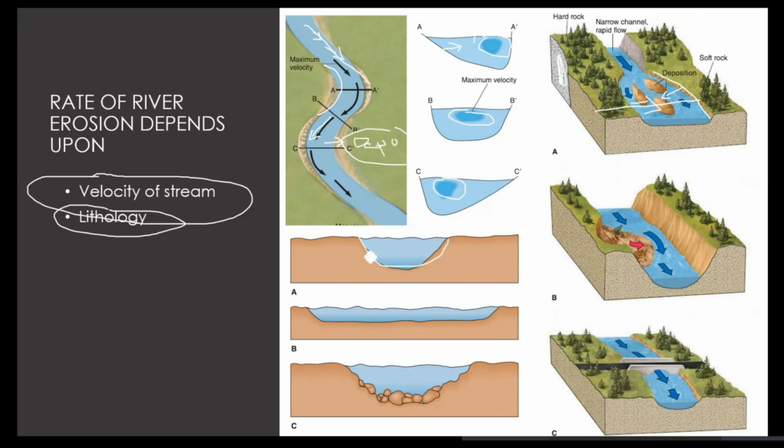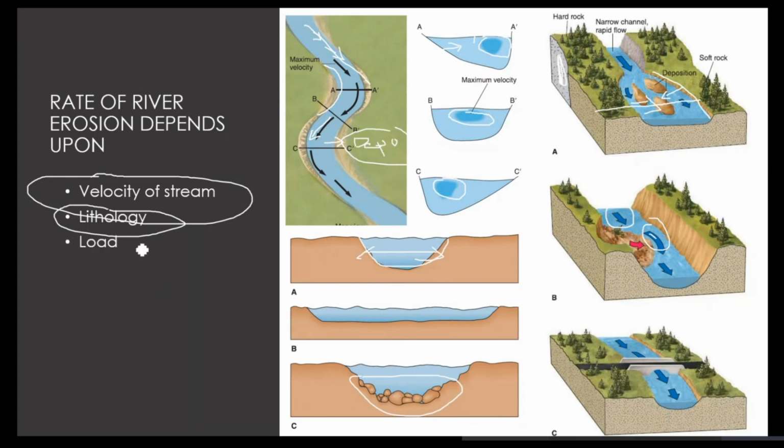If it is a narrow river, then it will be faster like this. Here the river is wider, but when it comes to this part, it is more narrow, so this portion will erode more. Similarly, when the lithology is easy to erode, it will erode easily, but compact resistant rocks will produce less erosion.